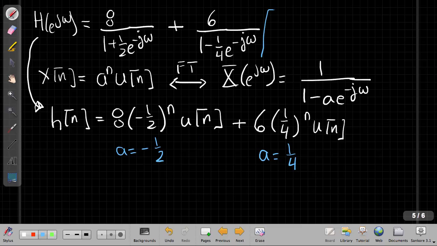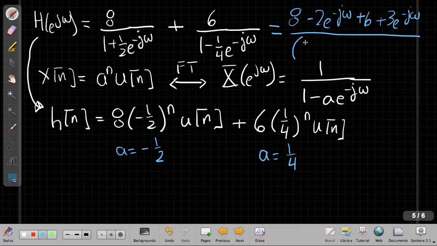If I multiply this through, I get 8 minus 2e to the minus j omega, and then I get plus 6 plus 3e to the minus j omega, all over a common denominator, which is what I should get. That part's pretty easy. And when I simplify that numerator, I get 14 plus e to the minus j omega. So this all gives me back what I wanted.